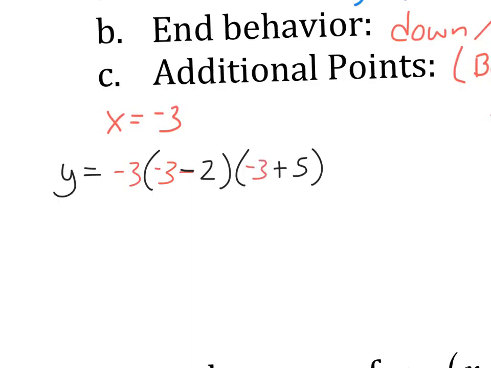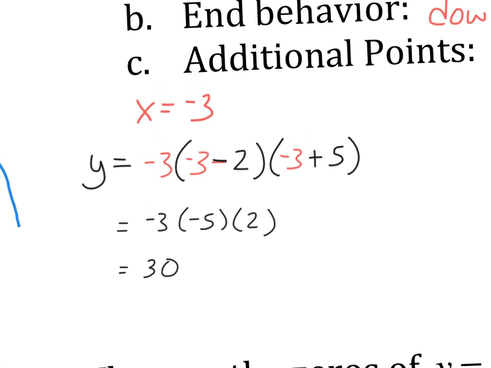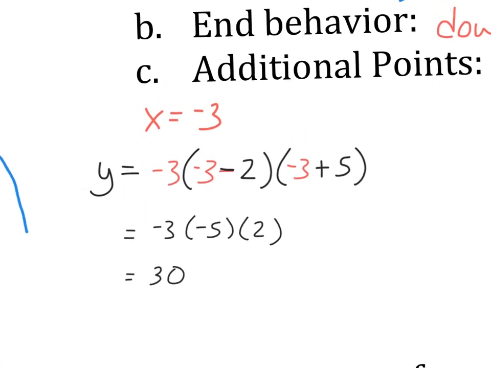So I'm evaluating the function at negative 3. I'm going to finish up here. The negative 3 comes down, the negative 5 comes down, and the positive 2 comes down. So this gives me a positive 30. So how do I interpret that? One additional point is negative 3, positive 30.